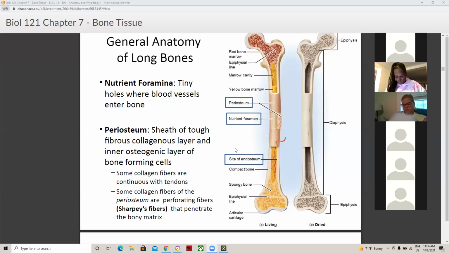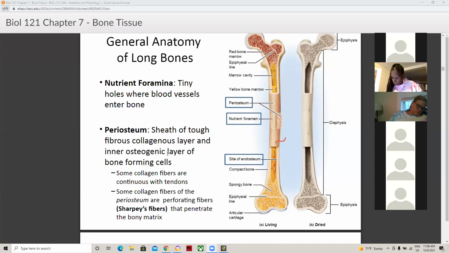So we have teeny holes in the periosteum and the cortical bone where blood vessels enter the bone. The periosteum is this sheath of tough, fibrous, dense, irregular connective tissue that has the inner osteogenic layer. If you remember, I think we've talked about this.